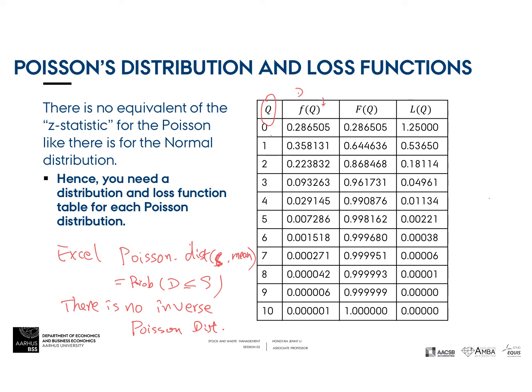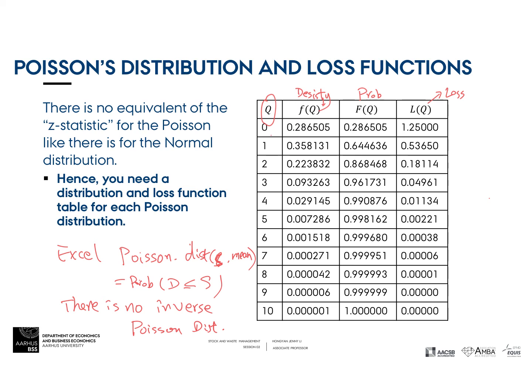So this is the density function. And then we have capital F(Q). This is our accumulated probability distribution. And then furthermore, we have a loss function calculated in this table. So the loss function L(Q) is calculated for different order quantities. In order to find the loss function values given different order quantities, you have to use this table.